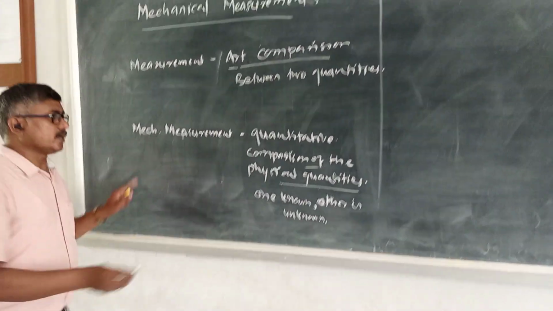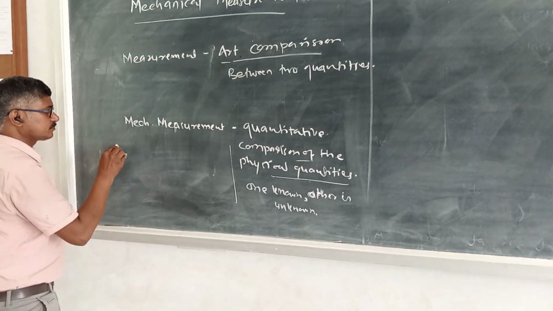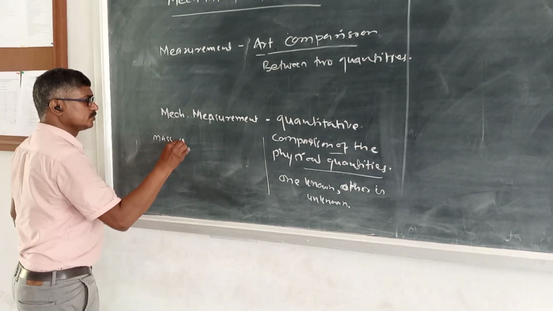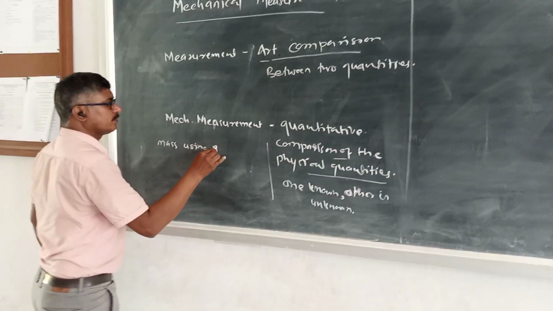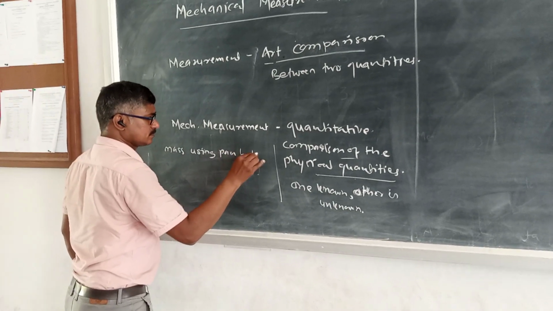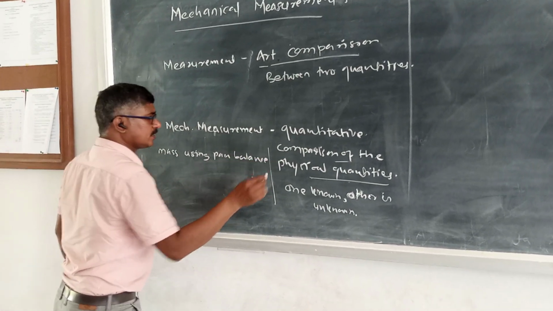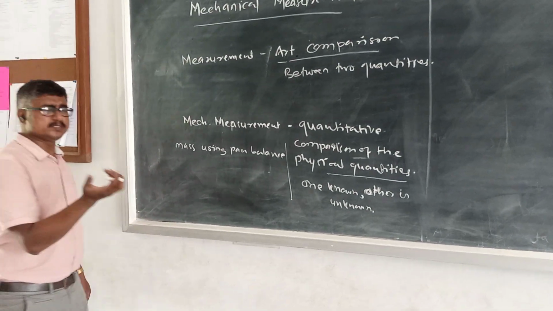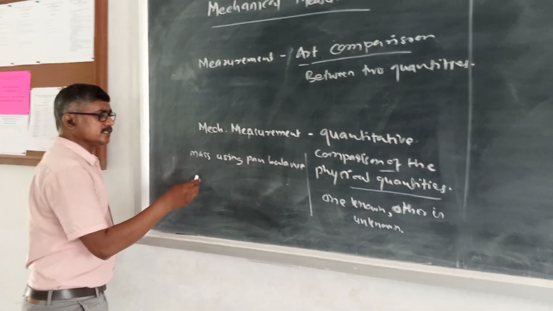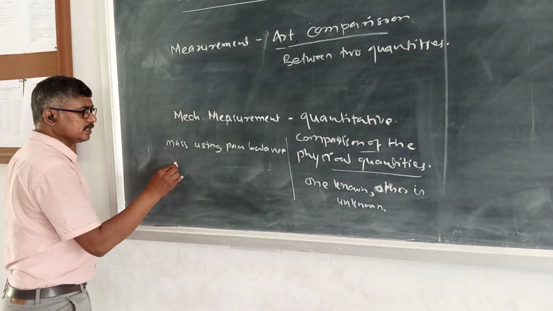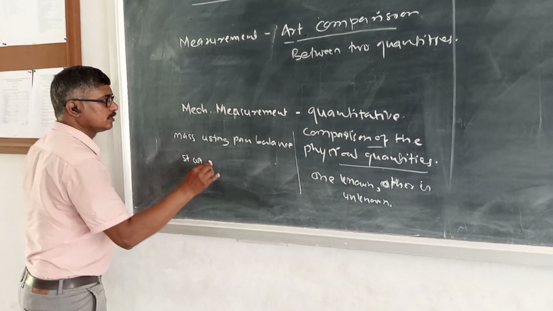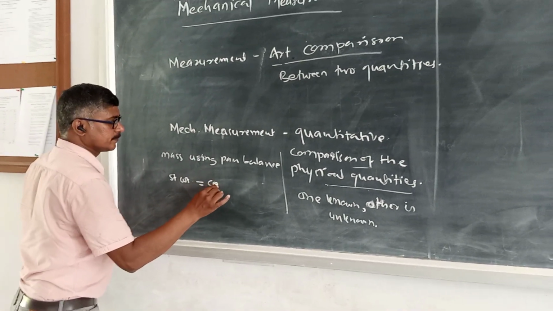For example, we are measuring the mass using a pan balance. In that case, the weight which is standard and known to us, we are comparing that standard weight with respect to the commodity.